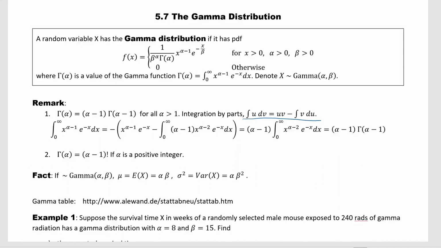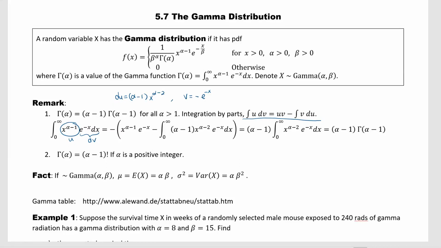So here, we consider this to be our u, and this to be our dv. Then du will be the derivative of u, which is alpha minus 1 times x to the alpha minus 2. And because dv is e to the minus x, v will be e to the minus x divided by minus 1. It's the same as multiplied by minus 1.